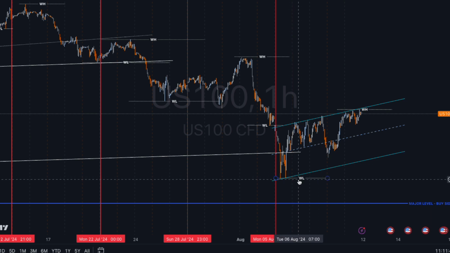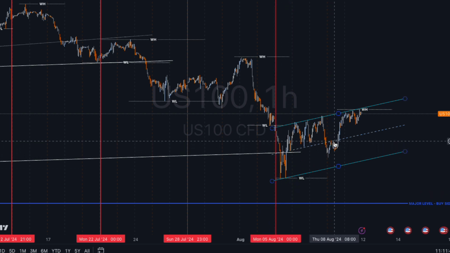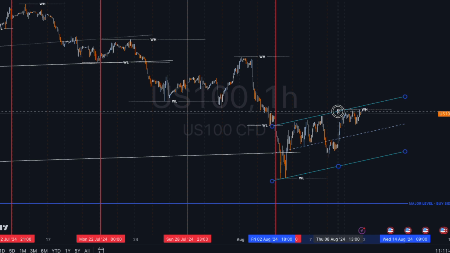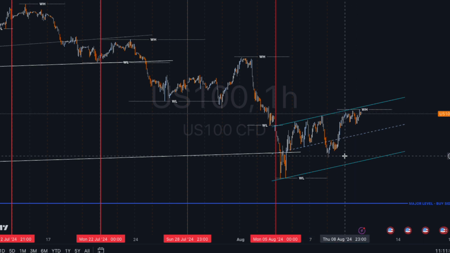These are possibilities that we need to keep an eye on. But as it stands, this is how it's looking at the moment in regards to what the Nas is doing.